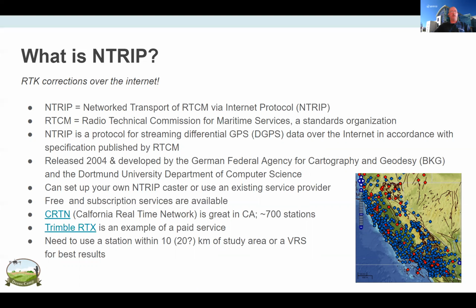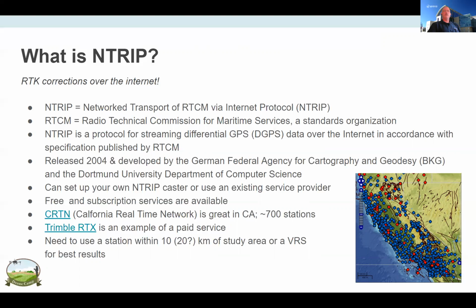There are some free and some paid subscription services available on the internet. One that's great here in California is CRTN, the California Real-Time Network. It's run by SOPAC, the folks at Scripps. They give free memberships to academic institutions. They've got something like 700 stations all up and down California.